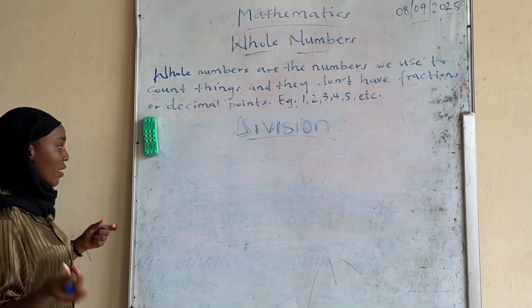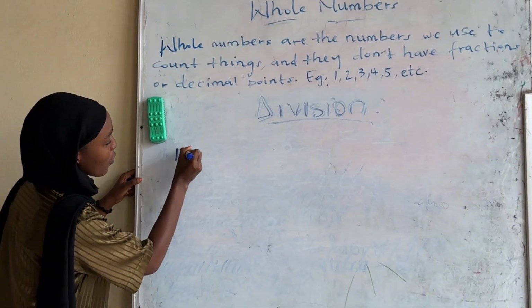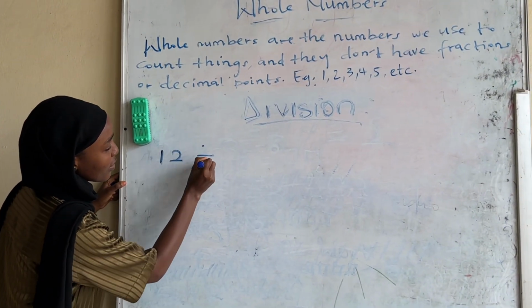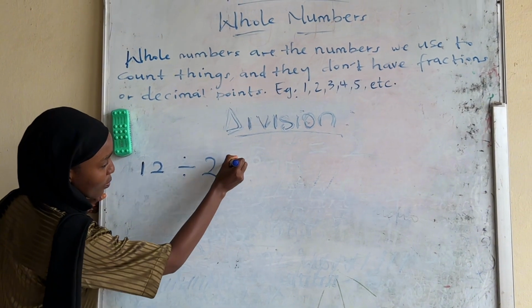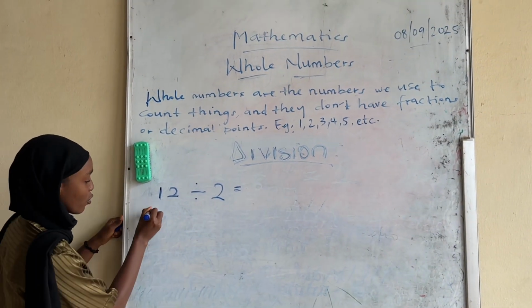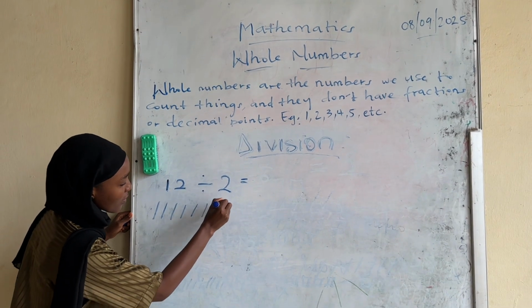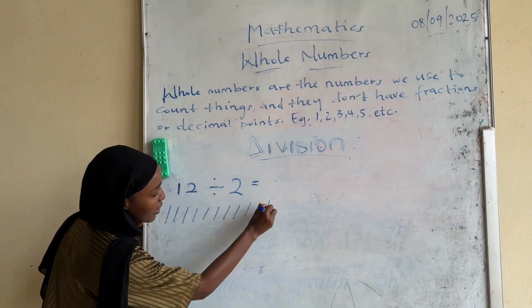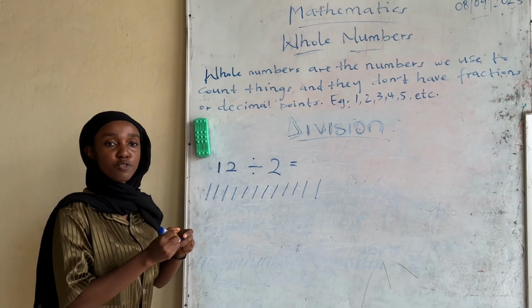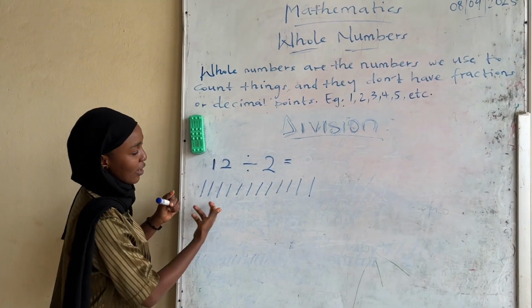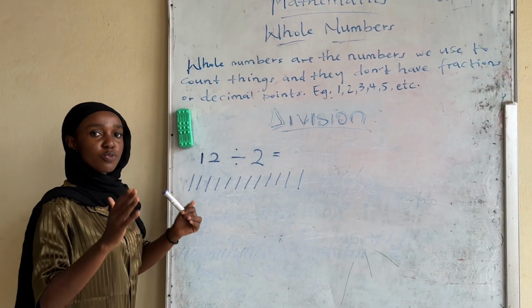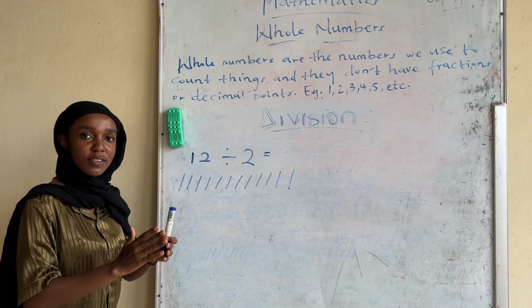Let's use an illustration. 12 divided into 2. You have 12 strokes. 1, 2, 3, 4, 5, 6, 7, 8, 9, 10, 11, 12. And you have 2 friends. These 2 friends are supposed to divide these strokes into 2, and everybody is supposed to get it equally.